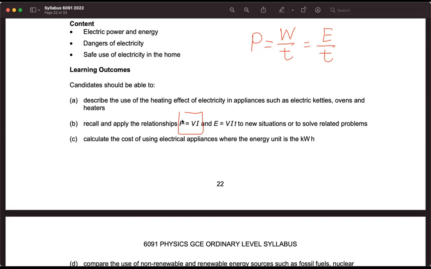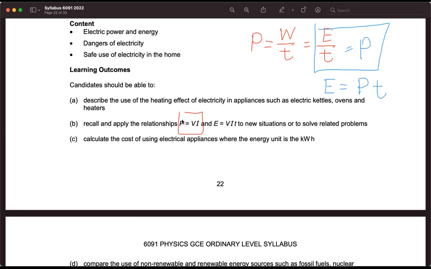Once you know the power, let me point you to this formula. Once you know the power, you all know this formula, right? Can we rearrange to make E the subject? You will get energy is equal to power times time.